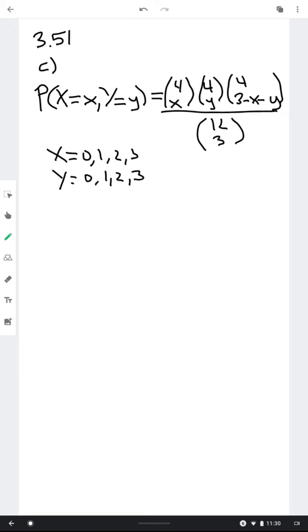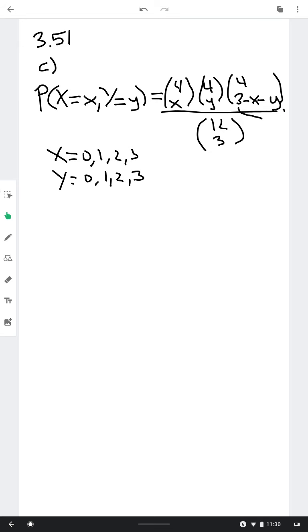If x and y, when you add them together, are above the value of 3, then that probability becomes 0. 4 choose 3 is a valid number, but we get a negative number at the bottom here.